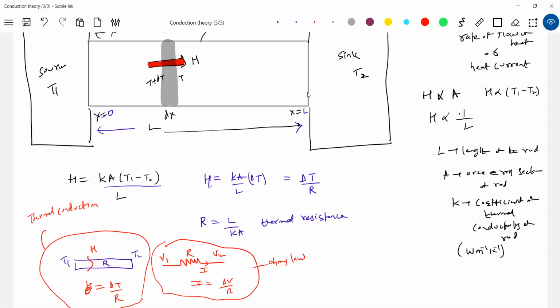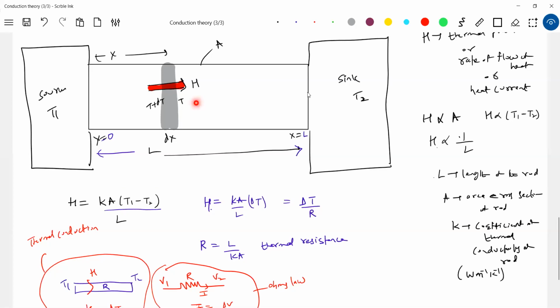There is also thermal power, temperature difference by resistance. But still, to compare with Ohm's law, similar to current electricity, I'll call this heat current: heat current equals temperature difference by resistance. So what will I call this? A thermal resistance. Well, sir, why did you bring the word resistance? Because I now want to study the rod.